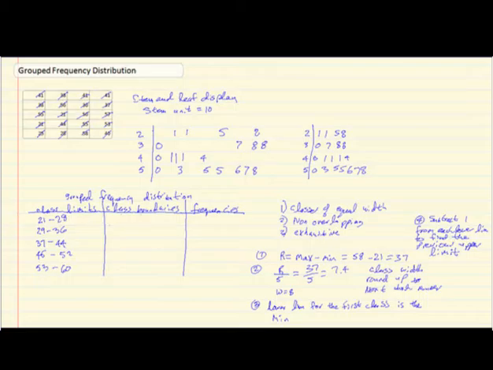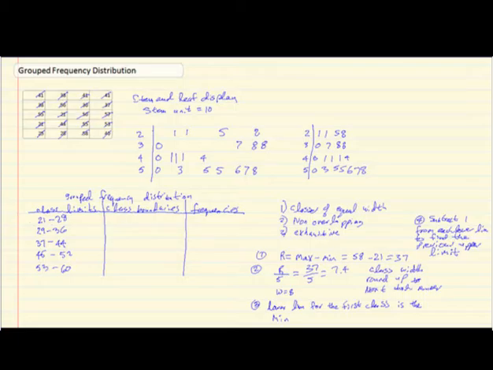The next thing that we would want to find would be our class boundaries. The class boundaries we find by going halfway between each of these upper limits and the lower limit for the next class. So in other words, between 28 and 29, I'd have 28 and a half, halfway between. So just add them together and divide by 2.